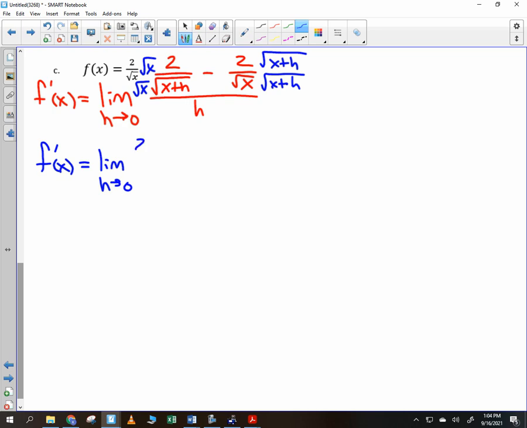And I get 2 roots of x minus 2 roots of x plus h over root of x times the root of x plus h, all over h.